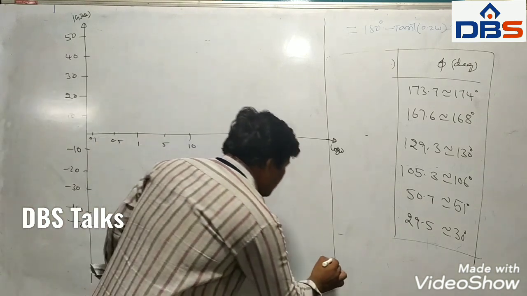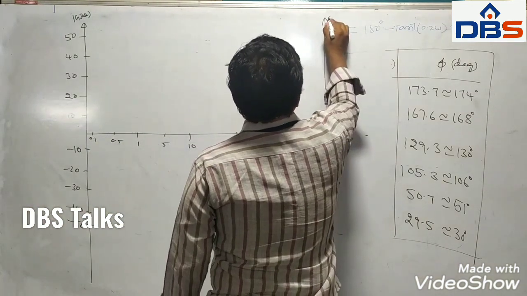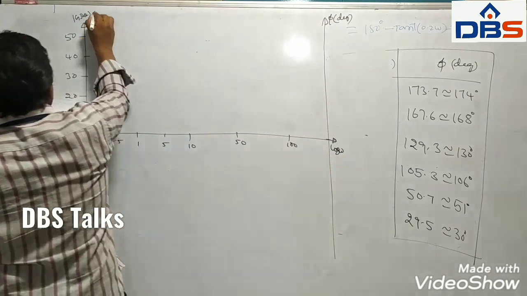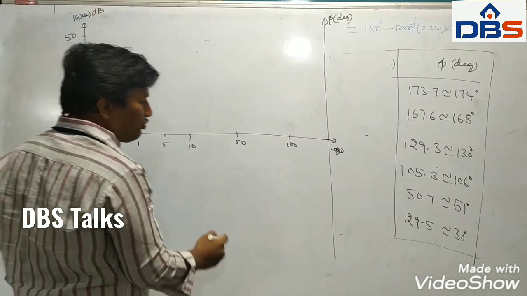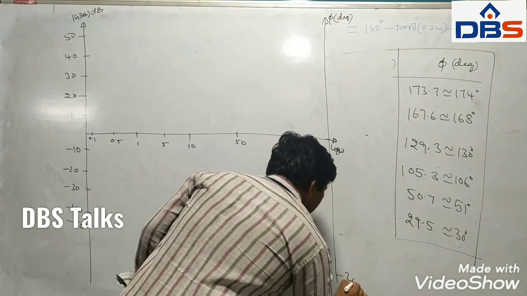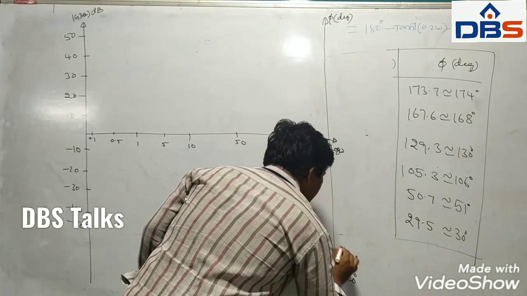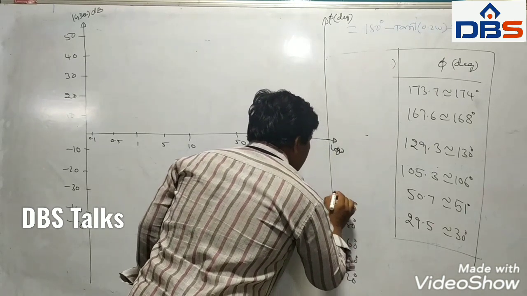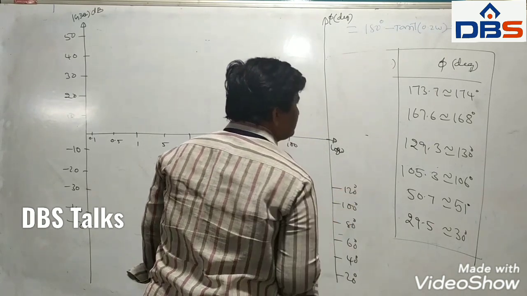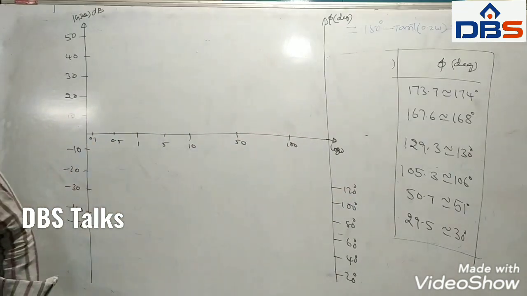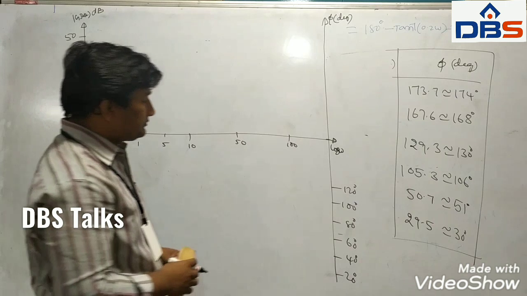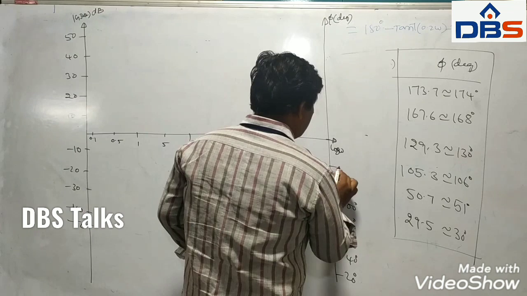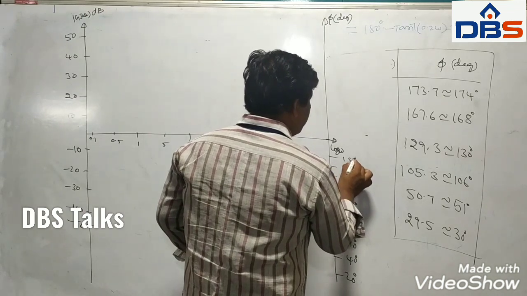Similarly here, this is the phase plot, phase in degrees versus log omega, and magnitude in decibels versus log omega. Suppose this is plus 20 degrees, 40, 60, 80, 100, 120, 140, 160, 180 degrees.